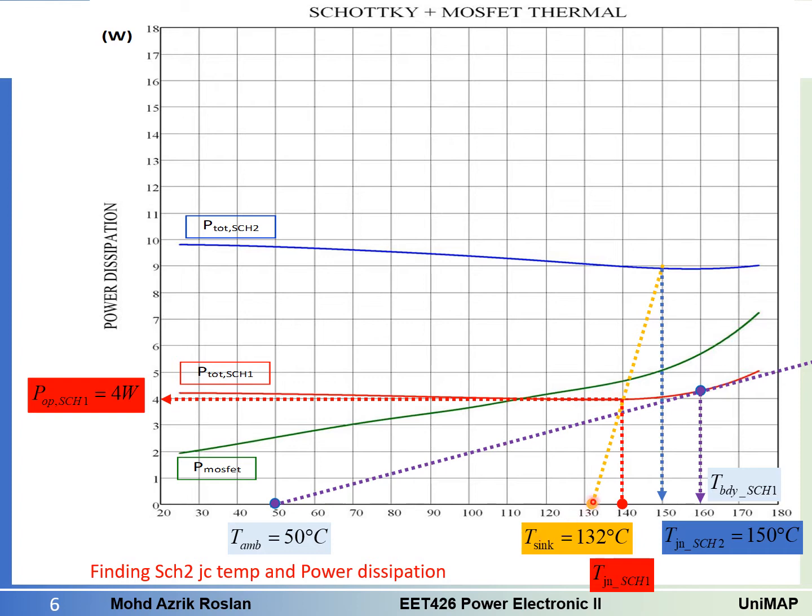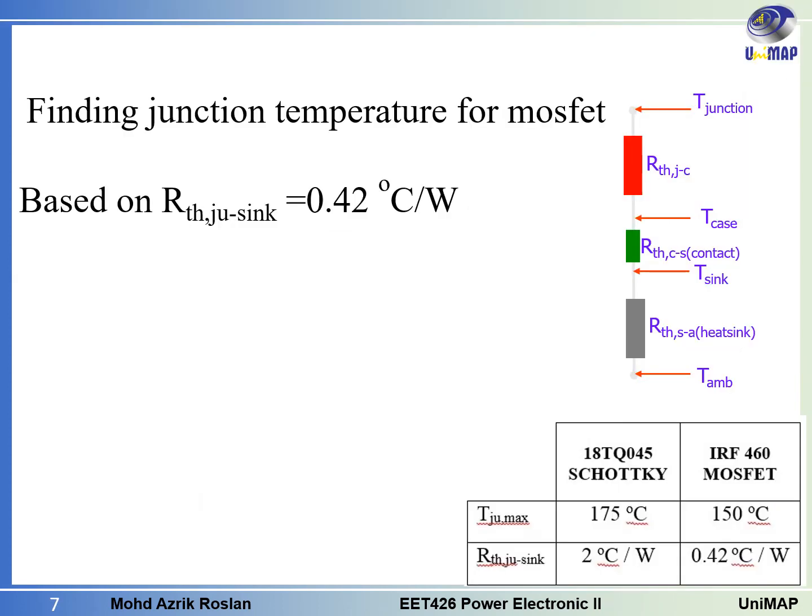So you can just draw this one and then you get this temperature. And then when we draw a straight line to this power dissipation axis, we will get the power of Schottky 2 is 8.9 watt, the dissipated power.